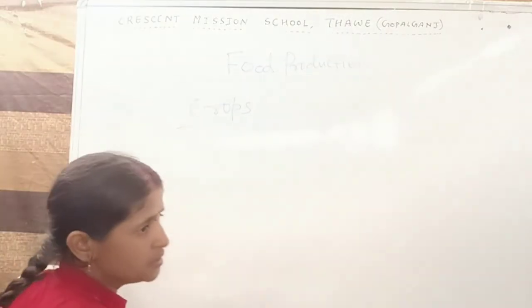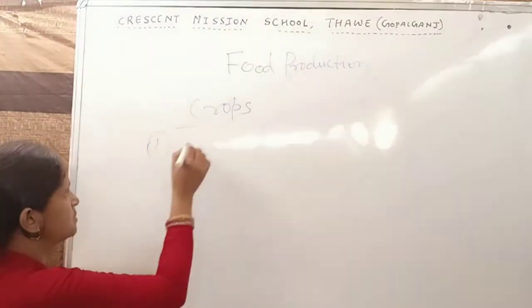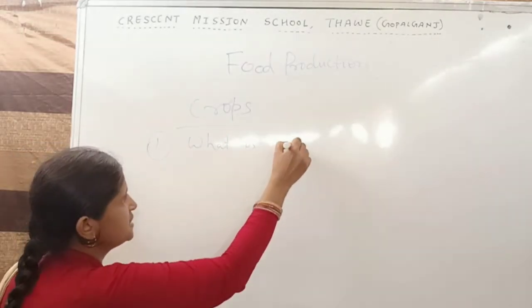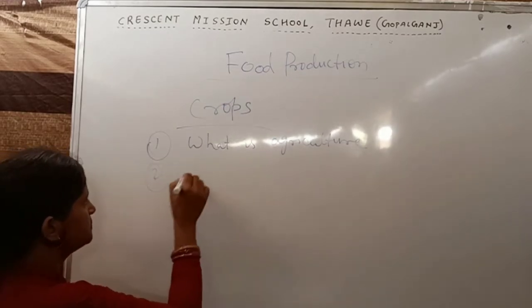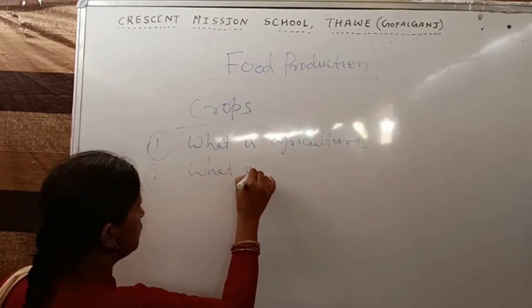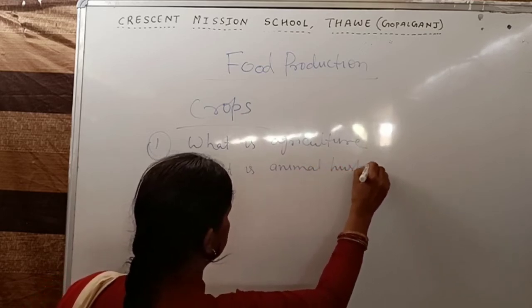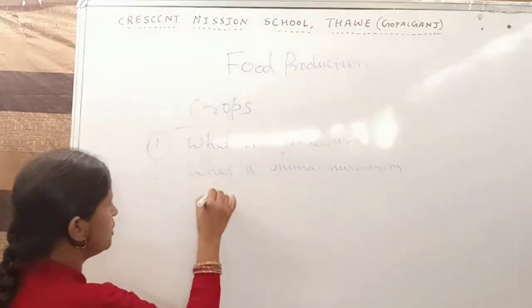Now you have to answer the following questions. First question, what is agriculture? Second, what is animal husbandry? Third, what are crops?